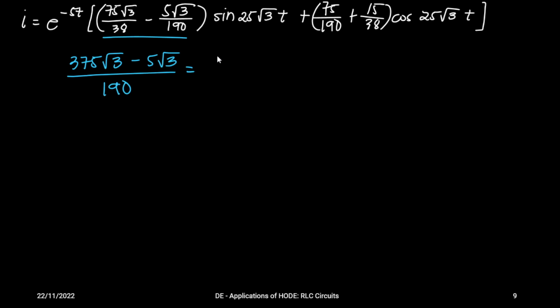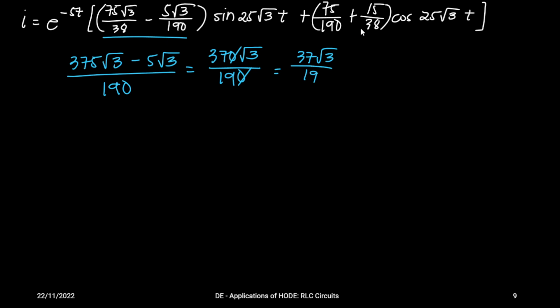Okay, so this is equivalent to 370 square root of 3 over 190. So, common si 10. So, we can just cancel out yung mga 10 multiples. So, therefore, we have 37 square root of 3 over 19. No? So, ayan. So, ito yung ating numerical coefficient ni sine.